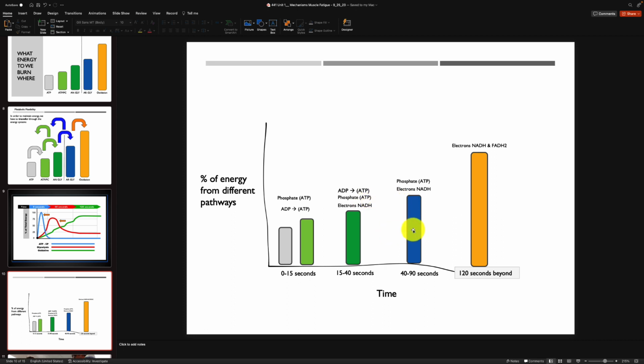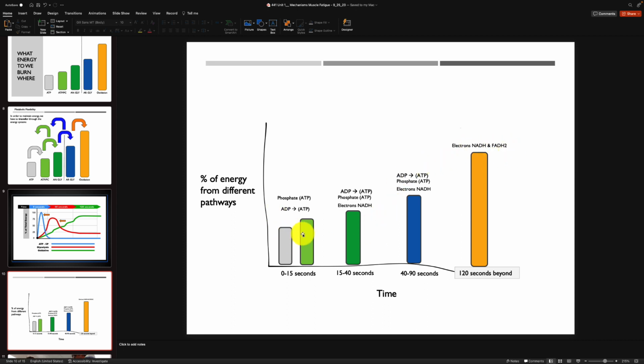When we get to aerobic glycolysis, we're going to have the same sort of thing. Because we're in the glycolysis pathway, we're going to generate some ATP. We're going to convert ADP to ATP. And then we're going to have even more electrons being passed. And then when we get to the fatty acids, we're going to create NADH and FADH2, and these are all going to the mitochondria.